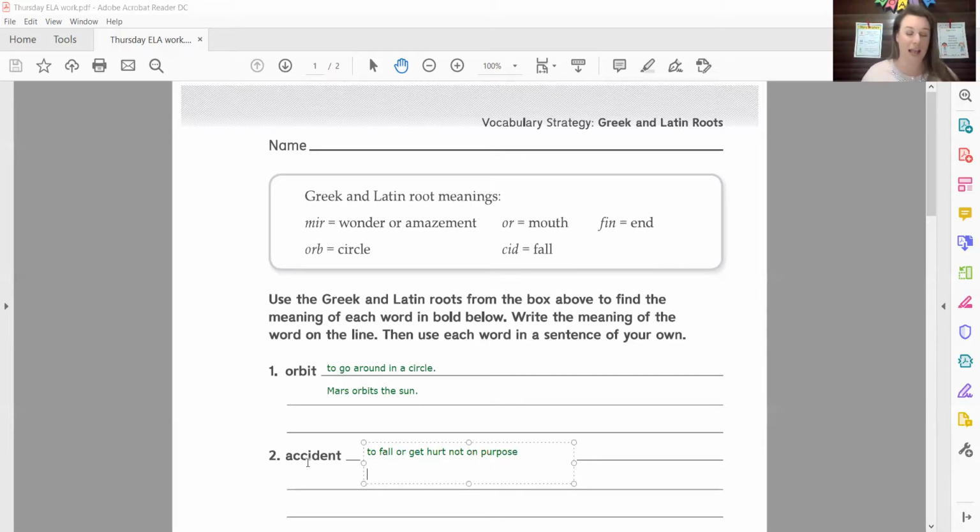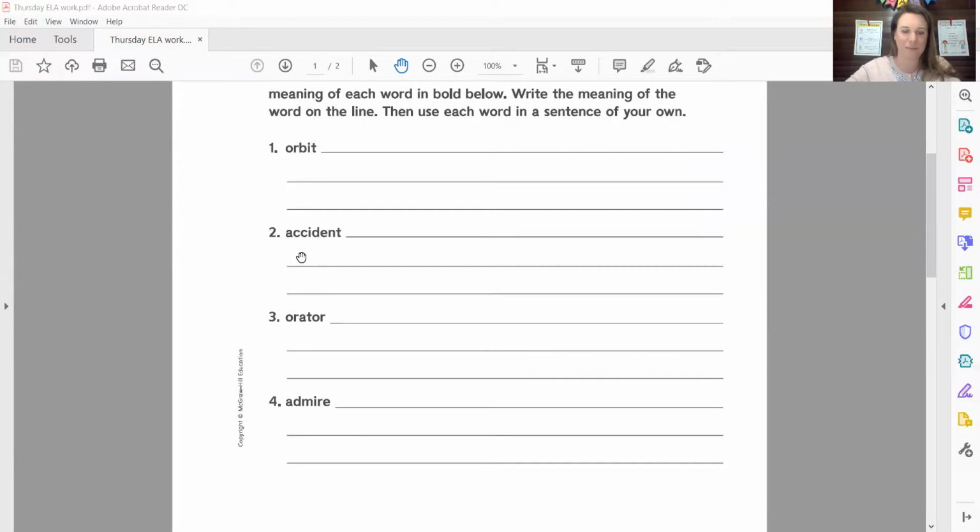Let me put this into a sentence. He had an accident down the stairs. So he fell down the stairs, really sad. But that's the sentence.